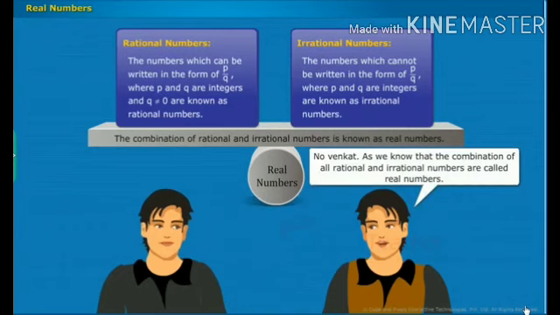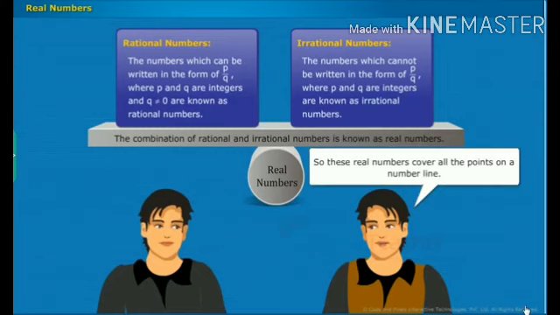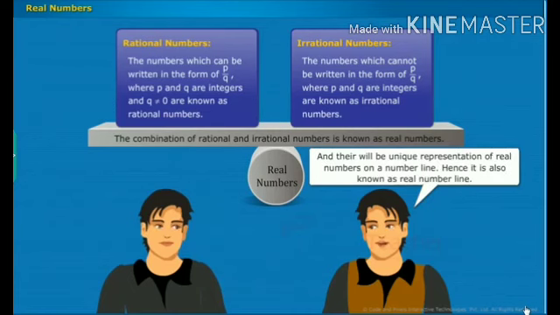No, Venkat. As we know that the combination of all rational and irrational numbers are called real numbers. So these real numbers cover all the points on a number line. And there will be a unique representation of real numbers on a number line. Hence it is also known as the real number line.